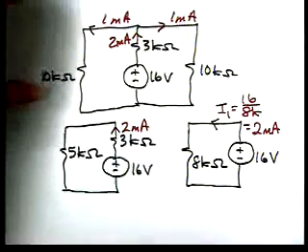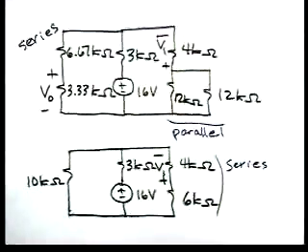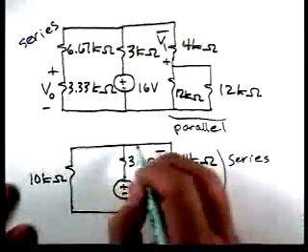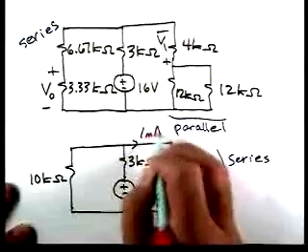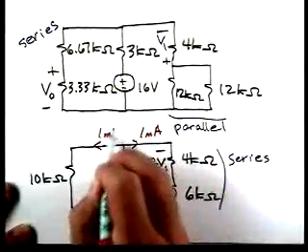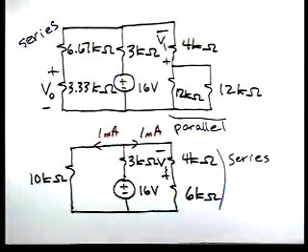So now let's start backing up in our circuit. And we know here we have 1 milliamp in that direction. So we can calculate V1 now.